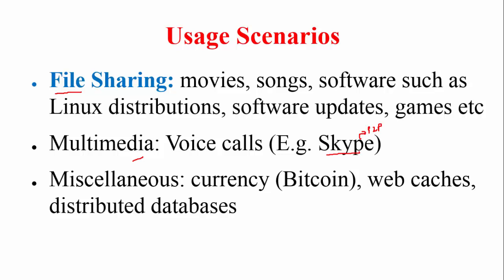And there are a few other miscellaneous uses as well. Bitcoin also is peer-to-peer based. You can implement web caches based on peer-to-peer architecture as well as distributed databases. But in this course, we will look mainly at file sharing applications built on top of peer-to-peer networks.